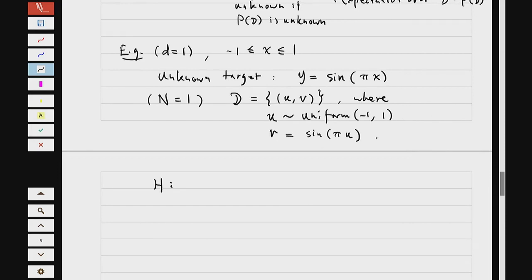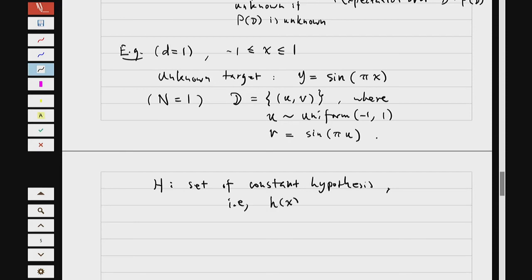So hypotheses, well, since we only have very few data points, we have to consider very simple hypotheses, right? Remember, the hypothesis has to be simple compared with the data points you have, right? Simple enough. So let's say this is a set of just constant hypotheses. In other words, the real dummy hypothesis, right?